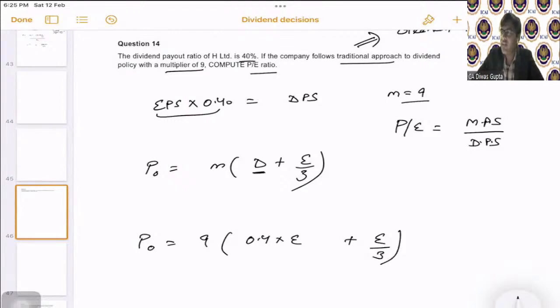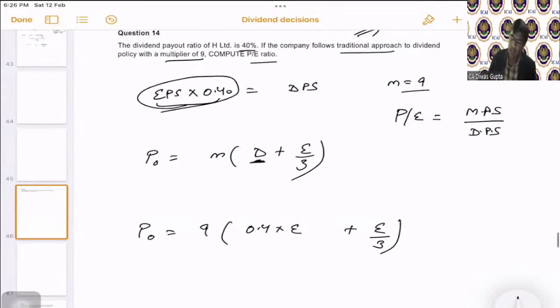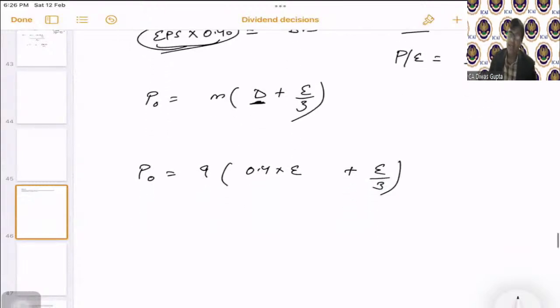So students, what we have done is we have substituted, yes, you're right, M times (D plus E by 3). We have just substituted the D from this, which is EPS into 0.4, right? And essentially now everything is converted in the form of price and earnings, which is what the PE ratio needs, right?